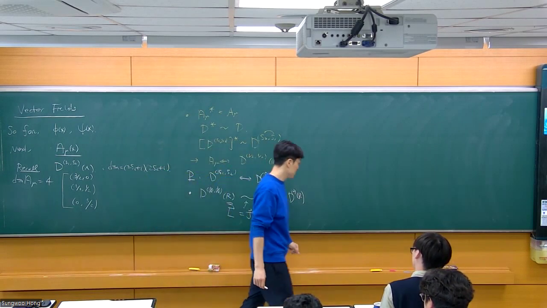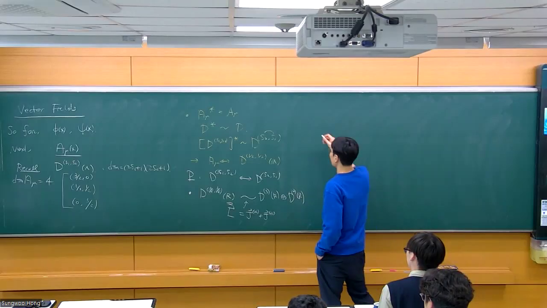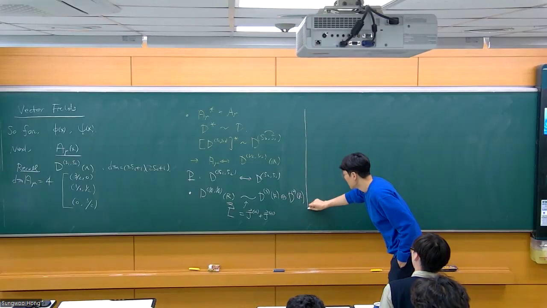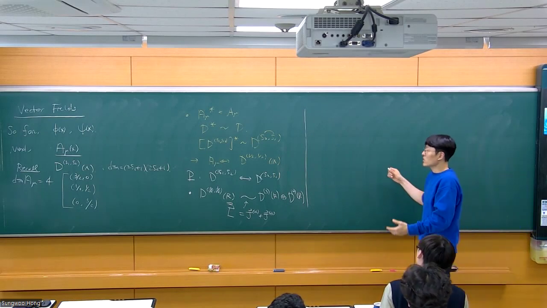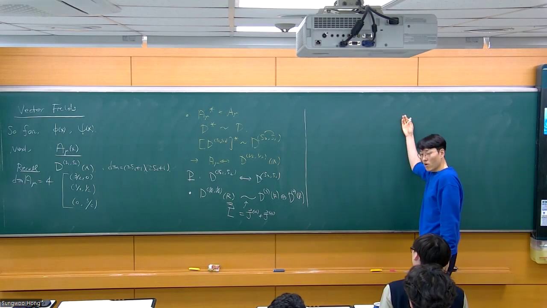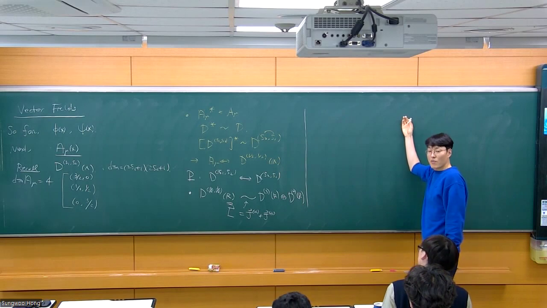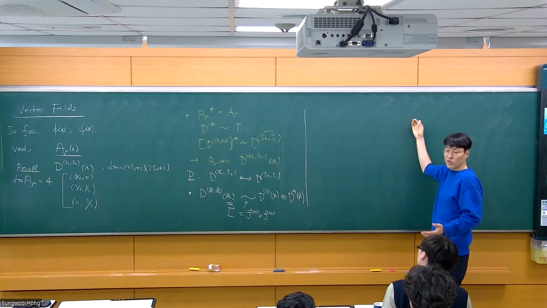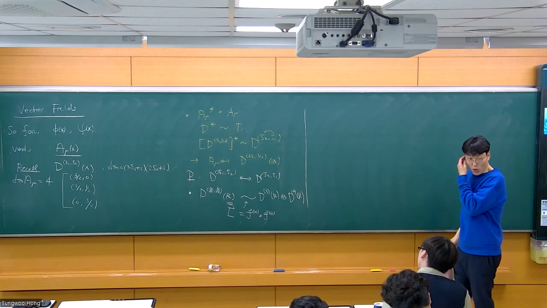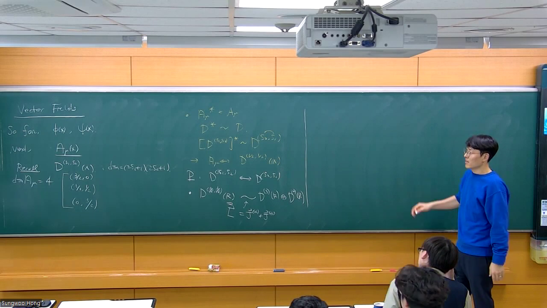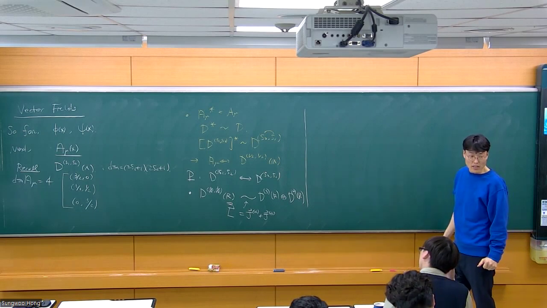Good. So what is our strategy for building a theory of a vector field? Similar to before, let's try to write down the most general Lorentz invariant, real, Hermitian Lagrangian, and then start constraining the coefficients by demanding sound principles. That's the strategy.